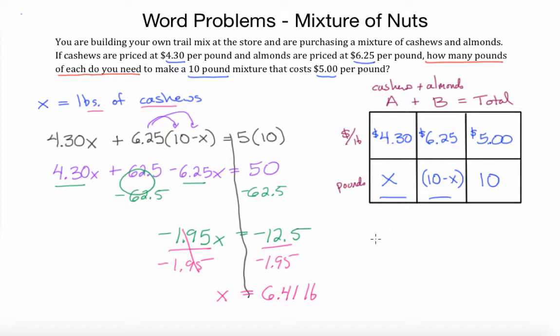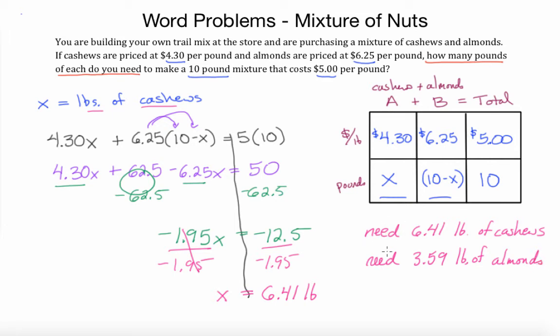So in my mixture, I need to weigh out, to measure, 6.41 pounds of cashews. And if I subtract that from 10, I see that I need 3.59 pounds of almonds. And there we go.